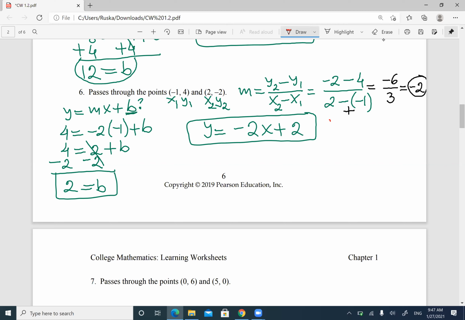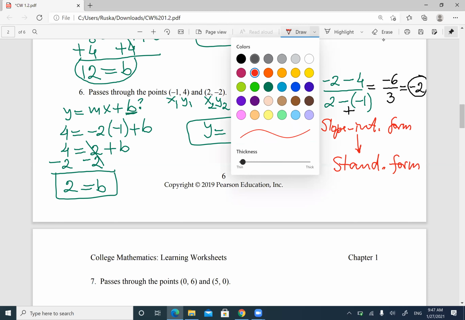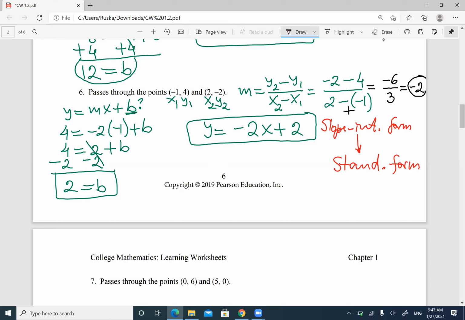I'm going to show you how to go from slope intercept to standard. Standard form looks like x and y on the same side. So with the given equation, we're just going to move x next to the y.